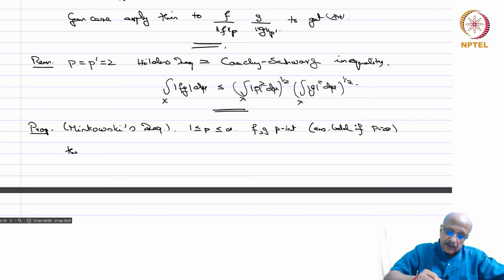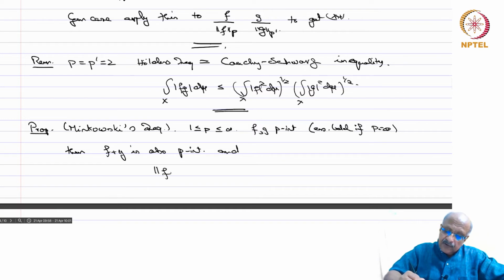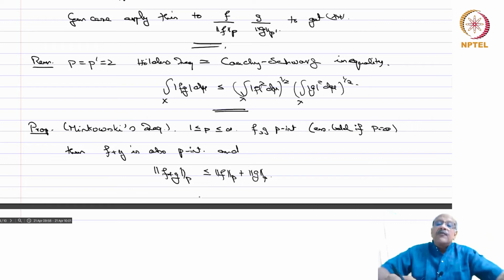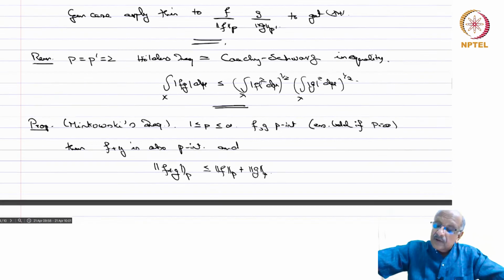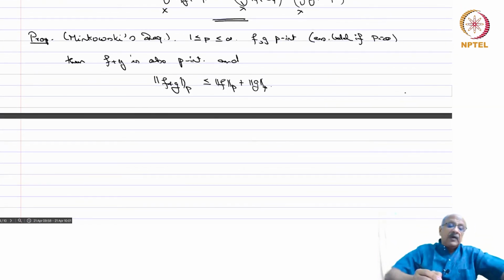Okay, then f plus g is also p-integrable, and ‖f+g‖_p is less than or equal to ‖f‖_p plus ‖g‖_p. So this shows that p-integrable functions form a vector space, and you have the triangle inequality for this thing which we have called a norm. It's not yet a norm, we will see in a moment.